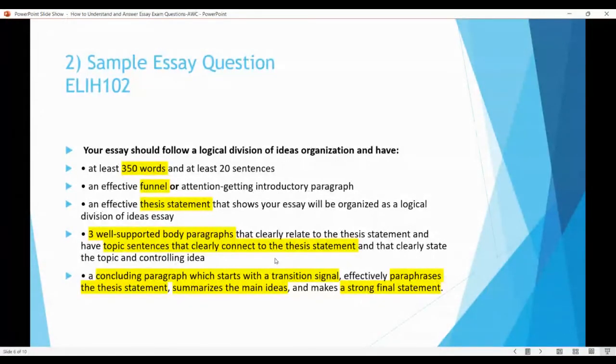And remember, when you write multiple paragraphs, each paragraph should have a topic sentence. Why? Again, it's the topic sentence that tells the reader what they are going to read in this paragraph. So each paragraph should have a topic sentence.